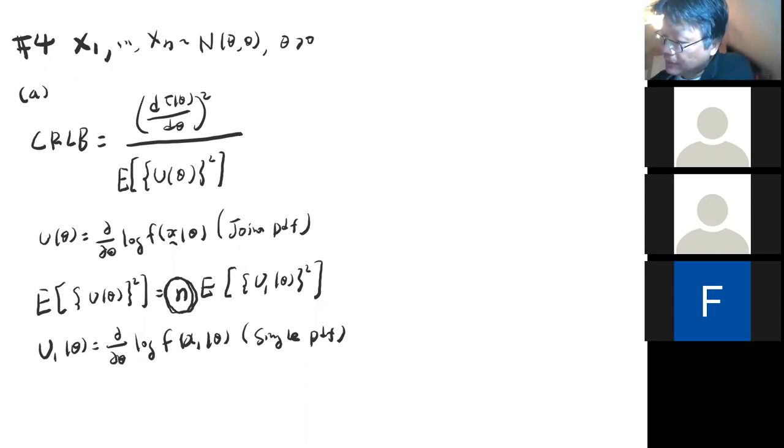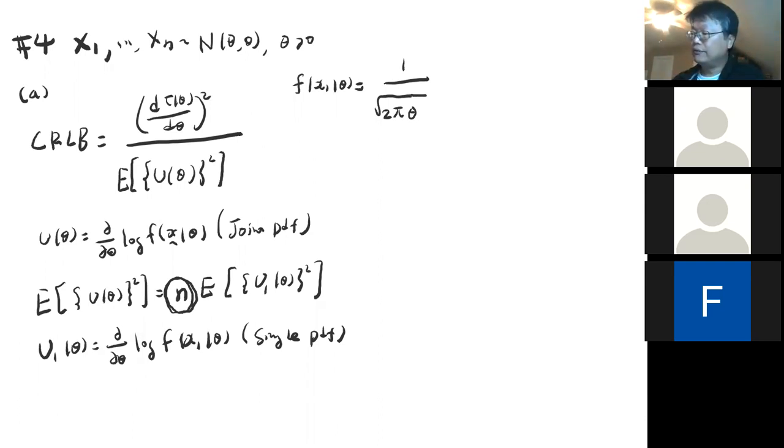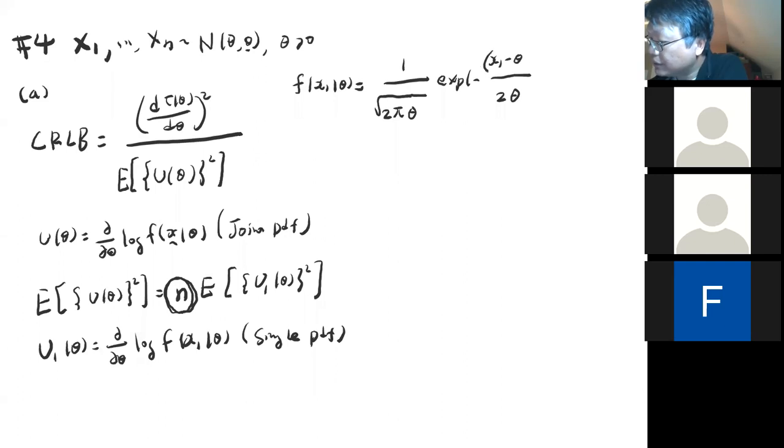So right here, if you're writing down the single PDF, by definition, it's 1 over the square root of 2 pi sigma squared, where sigma squared is theta, and then the exponential of minus (x1 minus theta) squared over 2 theta, where x1 minus theta is the mean taking the square.